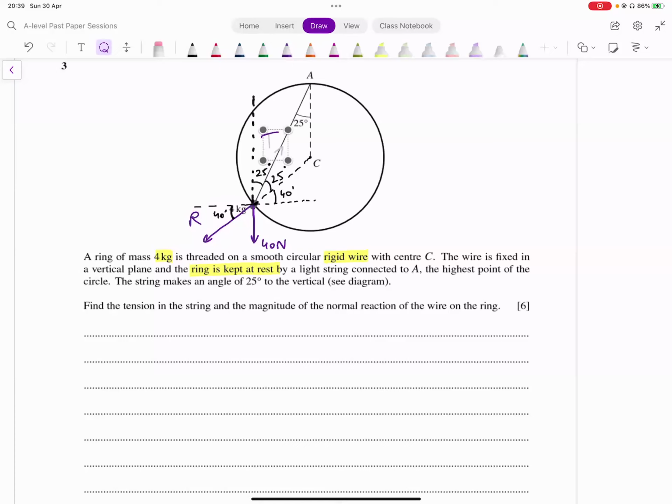इसके लिए मैं डिफरेंट कलर्स यूज कर लेता हूँ, doesn't really matter. टेंशन के कंपोनेंट्स निकाल लें. टेंशन का कंपोनेंट ऊपर की तरफ, एंगल के एडजेसेंट क्या लग रहा होगा? Cos, so we have t cos 25 here.